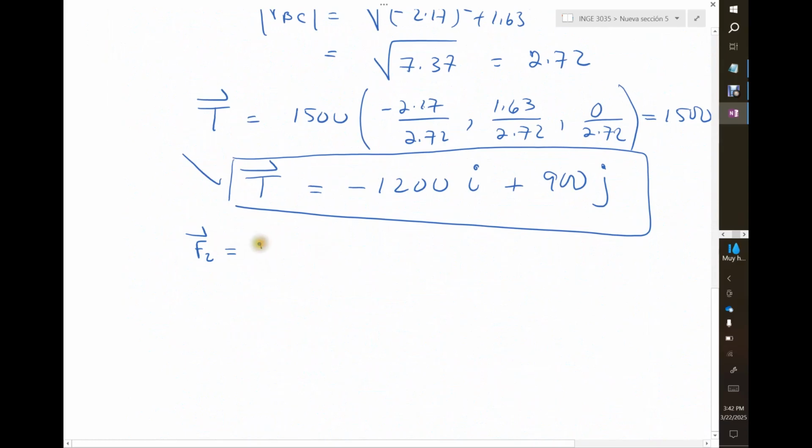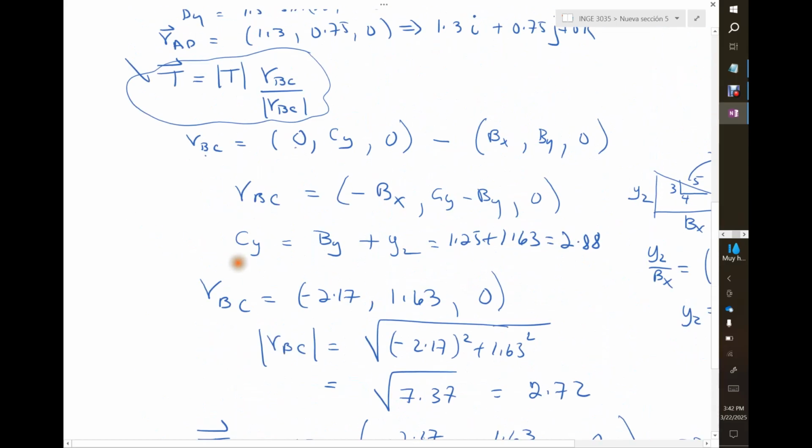So basically it is F2 times 0 i and minus 1, because it's going down on the y, times 0 on the k. There's no k on that vector. So it's going in the negative direction, so it ends up being only minus F2 in the j direction. See? And it's already in vector notation. So we got that done.